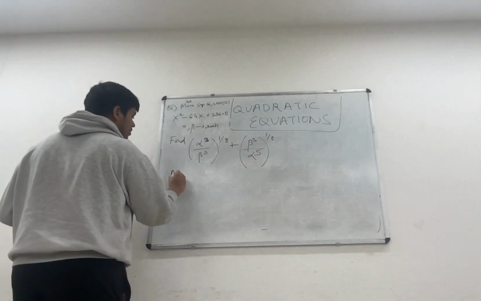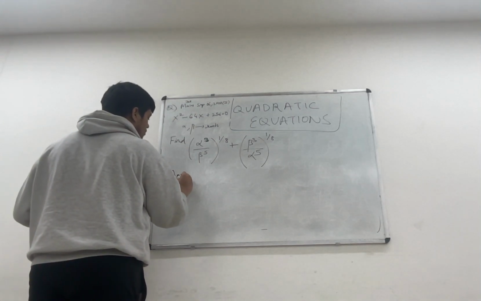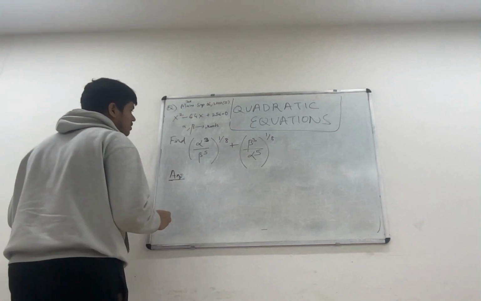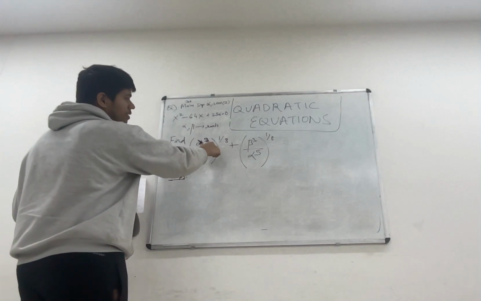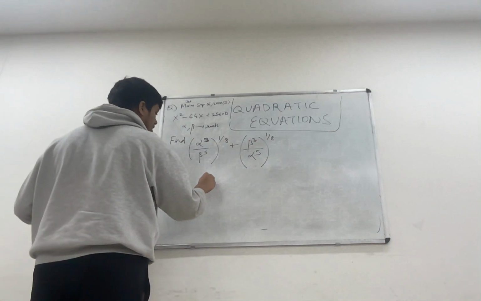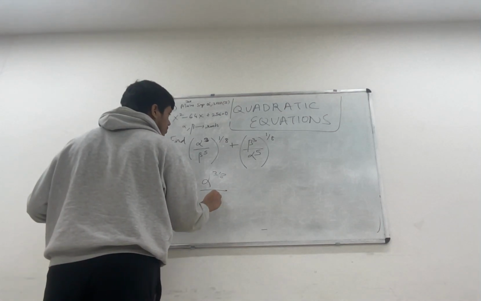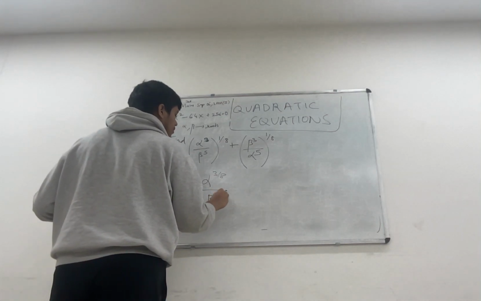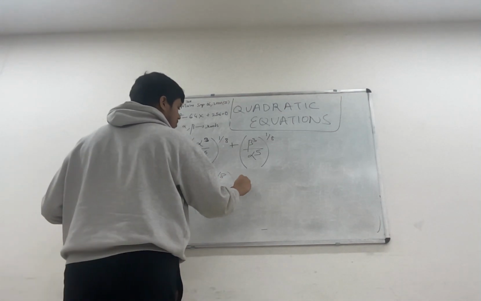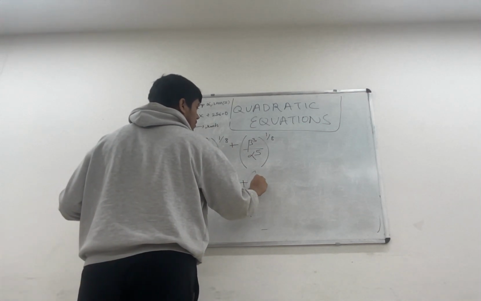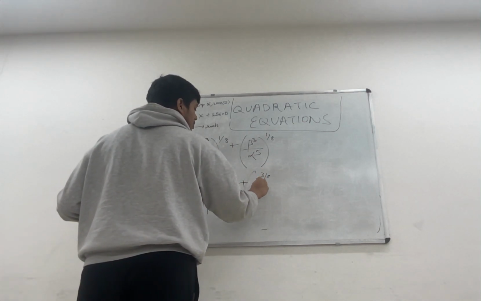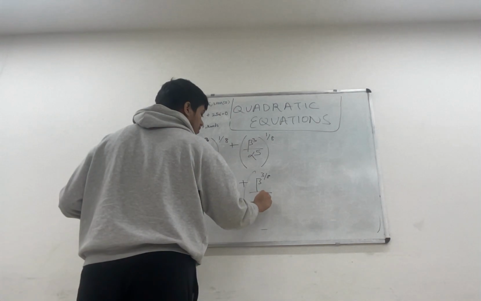The solution is as follows. Multiply the powers inside. So you get alpha power 3 by 8 upon beta power 5 by 8 plus beta power 3 by 8 upon alpha power 5 by 8.